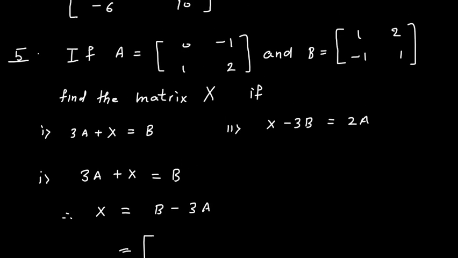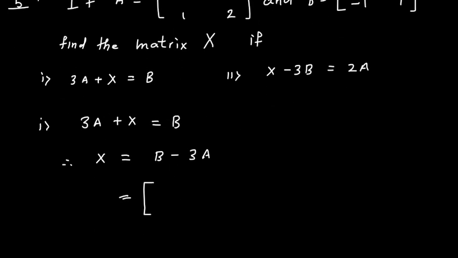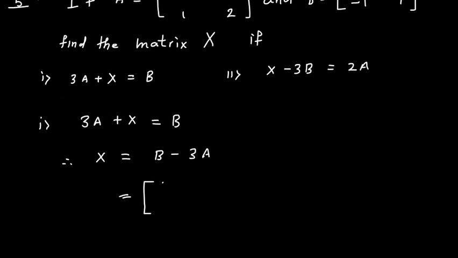Okay, so X is equal to B minus 3A, therefore now the value of B we have 1 2 minus 1 1, minus 3 times the value of A, which is 0 minus 1 1 2.